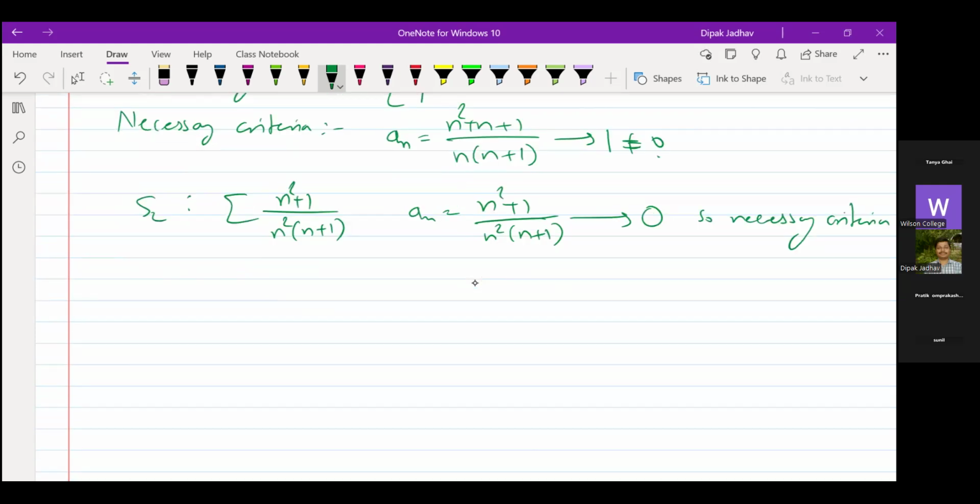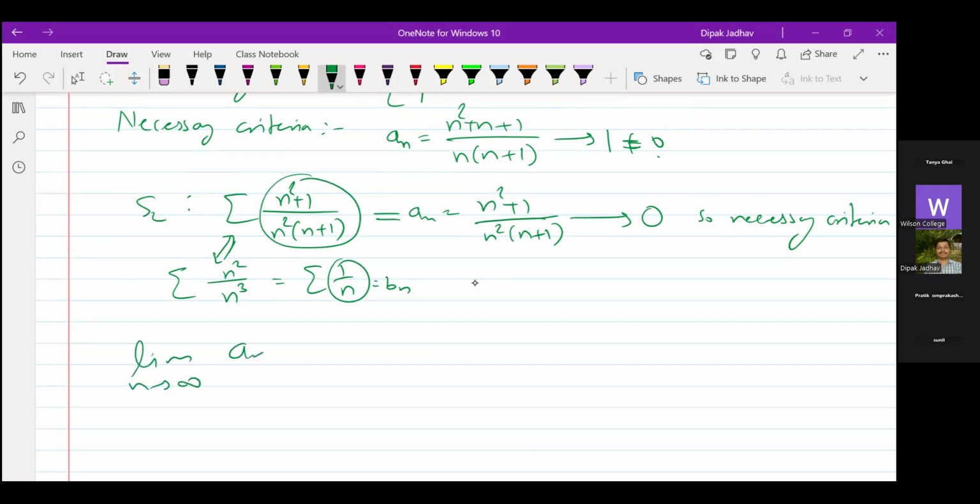The same logic works. Compare it with the highest power from the numerator, that is n square, and the highest power from the denominator, that is n cube. So you'll have summation 1 by n. So this is your an and this is your bn. Then compute limit n tends to infinity of an upon bn. That is equal to n square plus 1 upon n square into n plus 1, into n by 1.